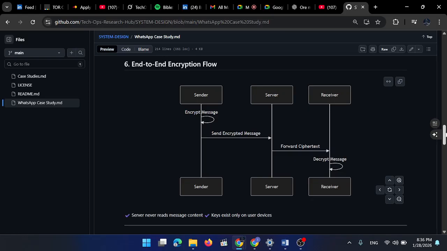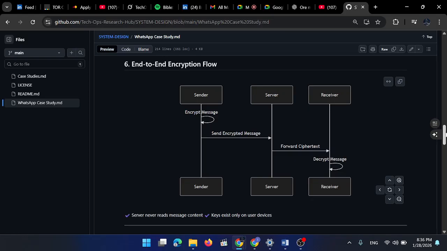One is the server, which means the message is sent to the server as an encrypted message, so you can't bypass the message before it's sent to the receiver. It has to be encrypted. Once it gets to the server, there are some engineering operations that take place until it's sent to the receiver, which we call the forward ciphertext.